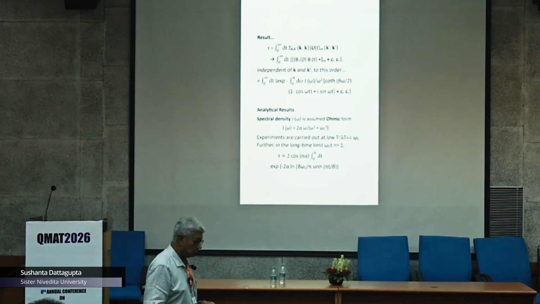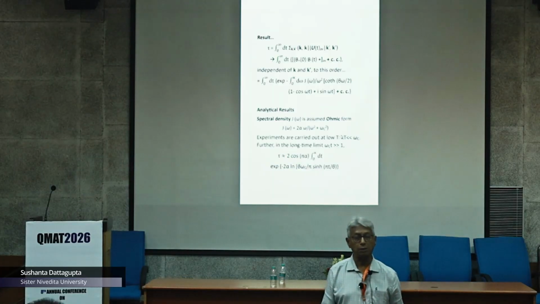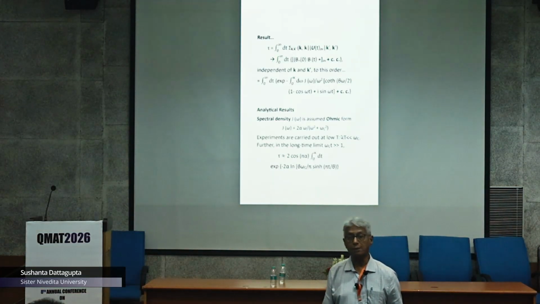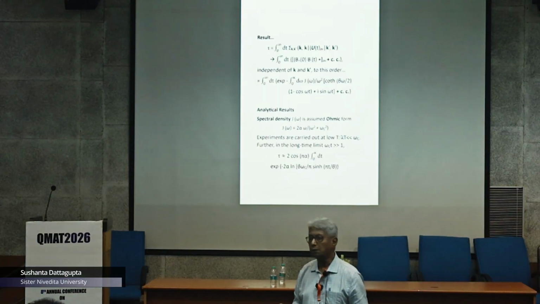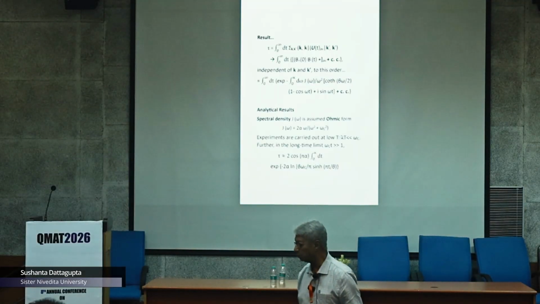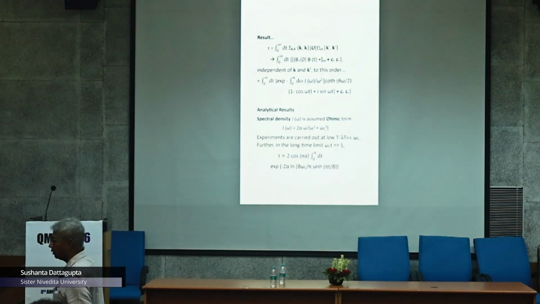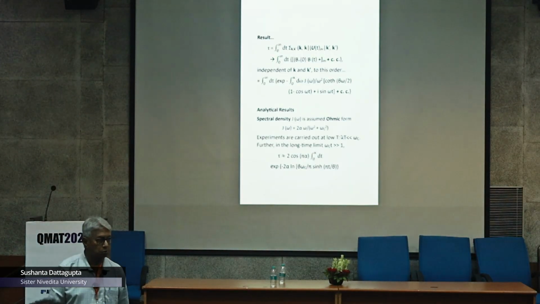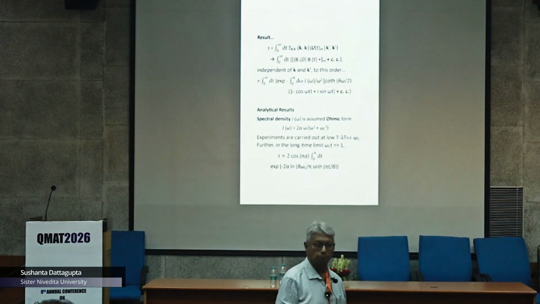We also plot how that time changes with temperature, which they have not yet measured experimentally. I'm so sorry that though I gave those two figures separately to Professor Patnaik, somehow they have not been loaded. So I think I should stop here, and I'll be very happy to take questions.